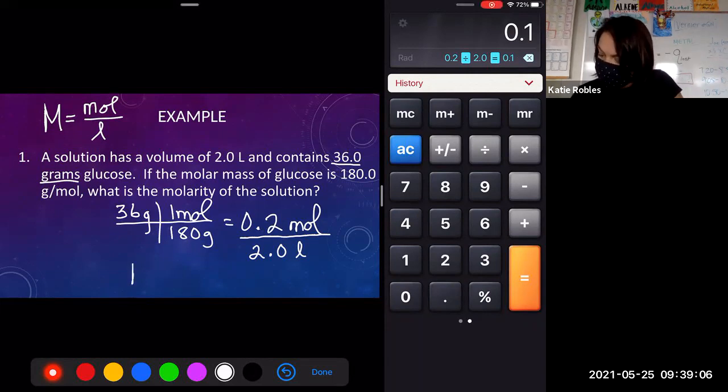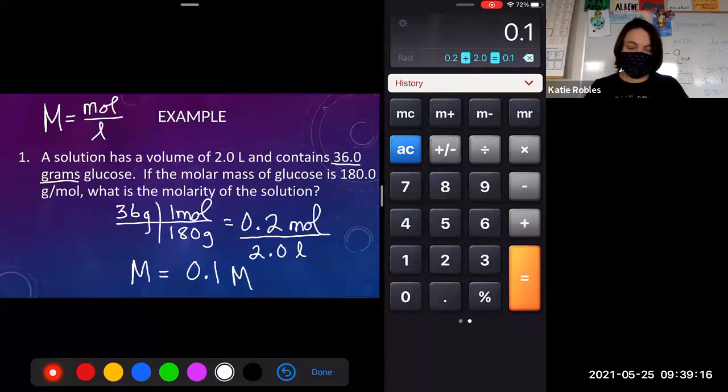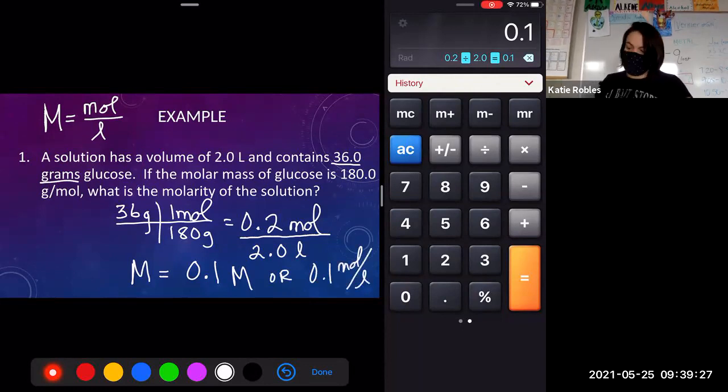So molarity equals 0.1. Let me show you the units for this. You can write molar, that's a unit, capital M, or you can write 0.1 moles per liter. So that's the molarity of that solution.